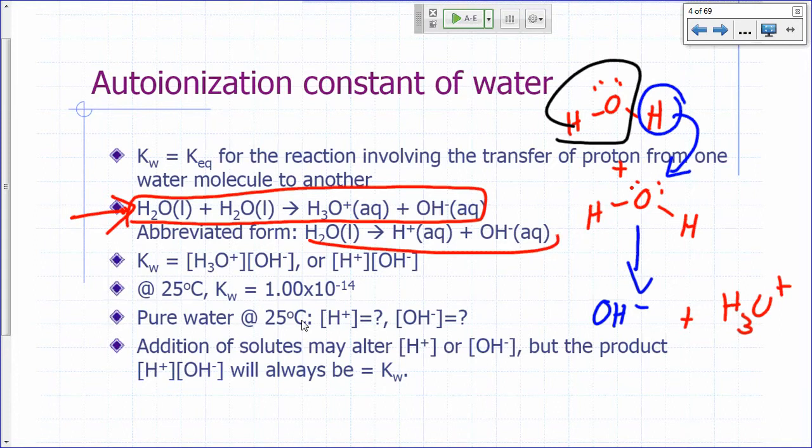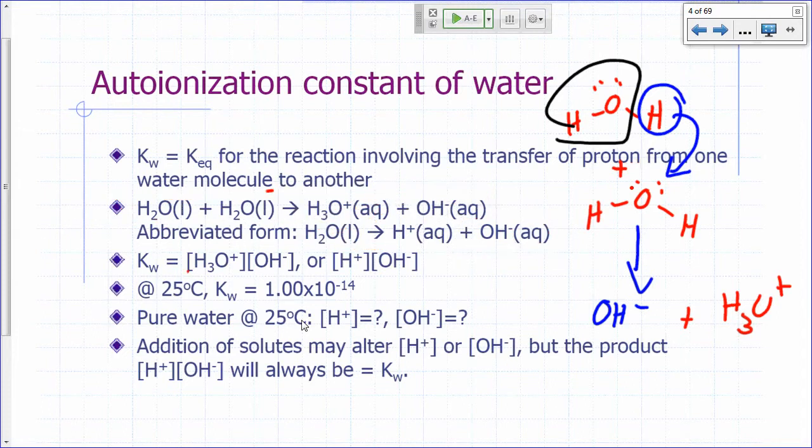You can abbreviate this as H2O liquid yields H plus aqueous plus hydroxide. When we say H plus aqueous, what we really mean is hydronium ions. None of those H pluses are actually by themselves. They're latched onto another water molecule, and some may be latched onto two, surrounded by several water molecules. So we're just going to abbreviate that as H plus.